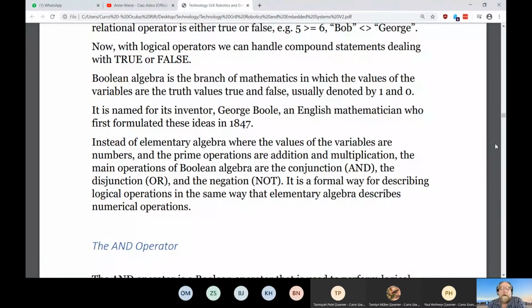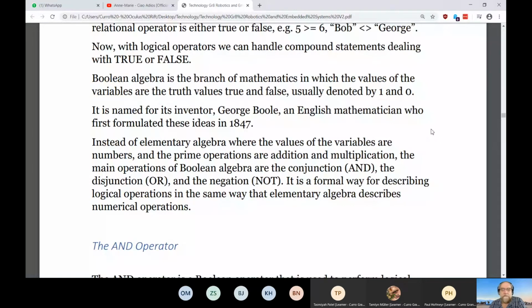And in normal algebra you're used to addition, multiplication, division and subtraction. Here in Boolean algebra, we don't use that. Instead we are using the AND, the OR, and the NOT. Those are our prime operators in Boolean algebra.